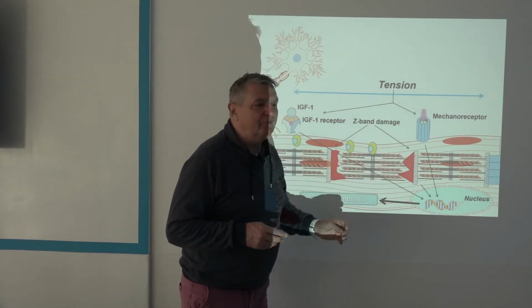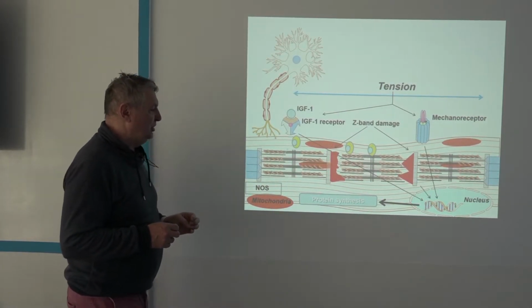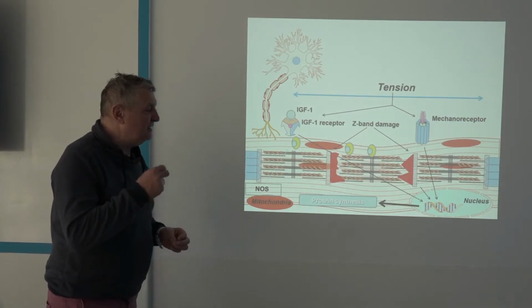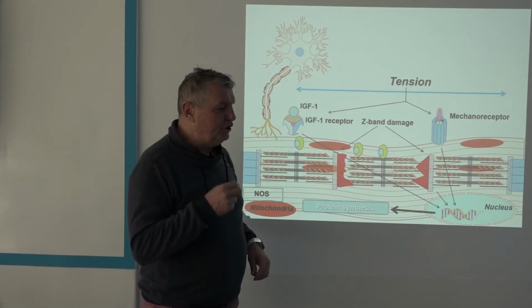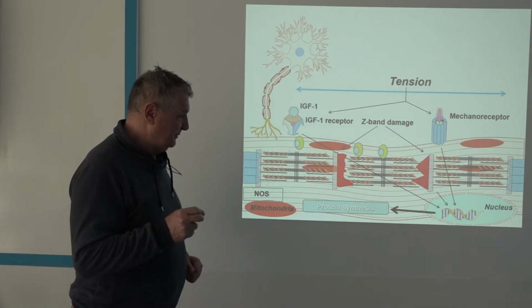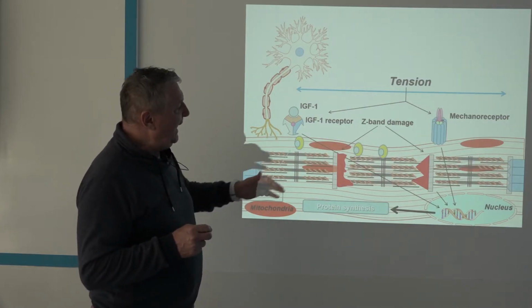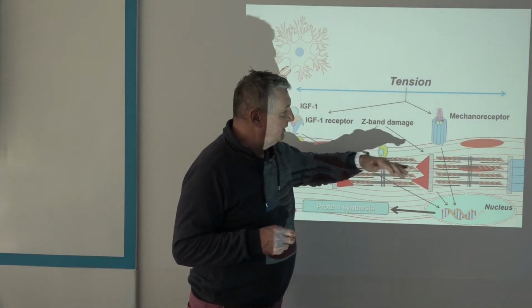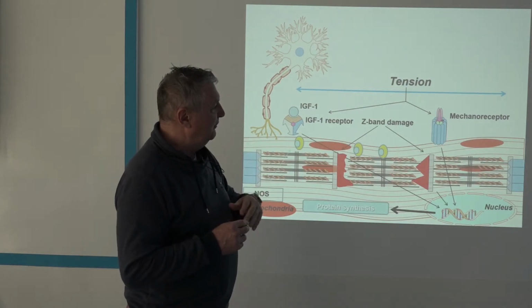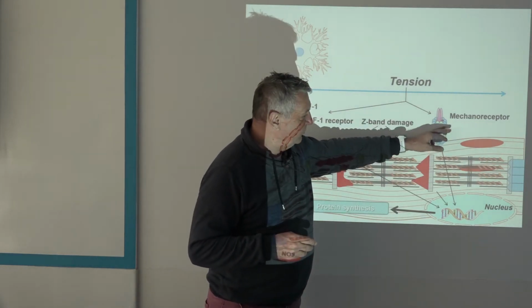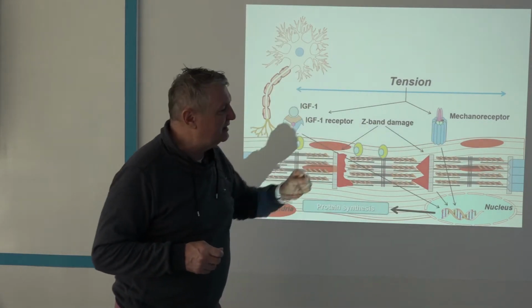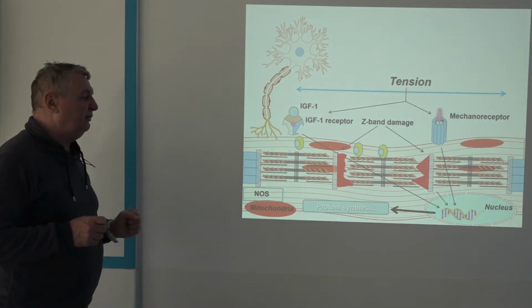A kind of, I would say, micro damage would be important, because this micro damage would initiate the repair process. We have different kinds of sensors in the muscle, the so-called mechanoreceptors. So activating these mechanoreceptors could be extremely important.